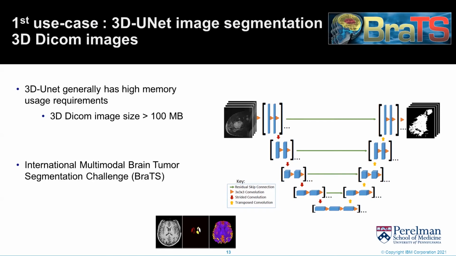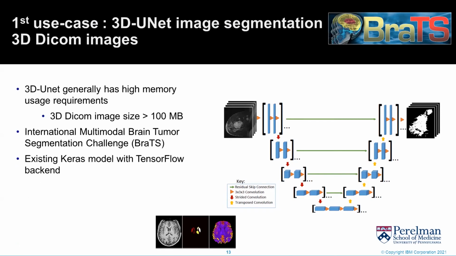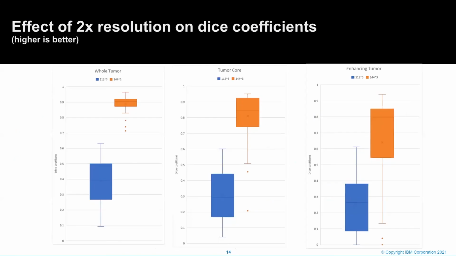What is important to consider is the performance you can get when you train such a model with a higher resolution. It improves a lot the accuracy, the dice coefficient in this case, of your model. So having more resolution will definitely improve the performance of your model.